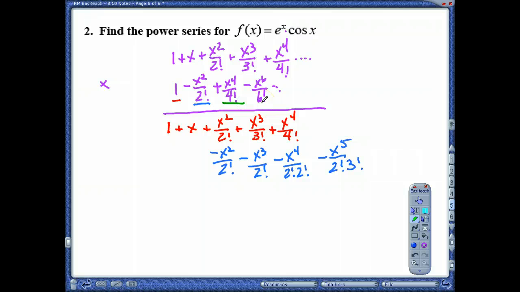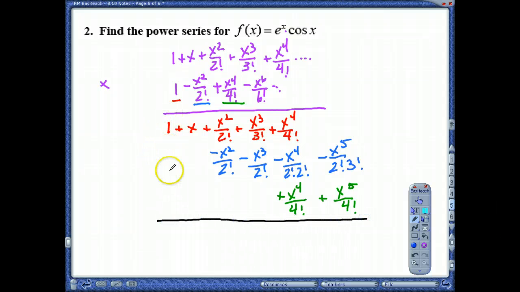So x to the fourth, when I multiply that times my 1, I get my plus x to the fourth over 4 factorial. And then the next term, I'm going to take this guy times the x. That's going to give me positive x to the fifth over 4 factorial. And notice I've got plenty of terms here, so I'm not going to multiply any more of them. I think I've got a good representation right now.